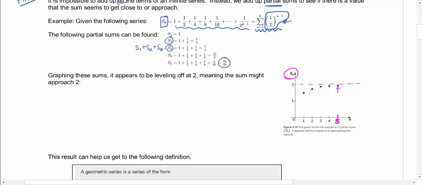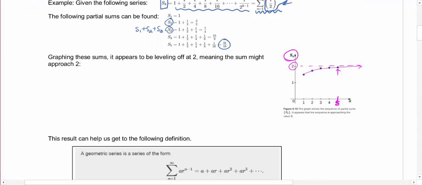I'm increasing at what we would say a decreasing rate. So I'm concave down here. So it does appear to be leveling off or approaching some value, and that sum seems to be approaching 2. So we can talk about what that means.